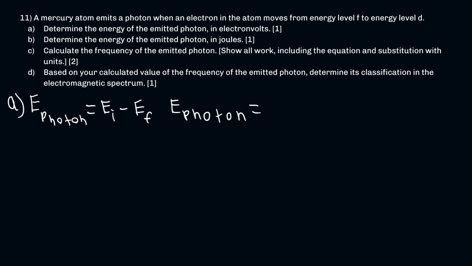So with this, going to your reference table, it tells me that we have a mercury atom, so I'm going to work on the mercury side of the energy level diagrams. And we have here my energy level initial, which is F. Looking on there, if I find F on mercury and I go all the way across, the energy that goes with that is going to be negative 2.68 electron volts.